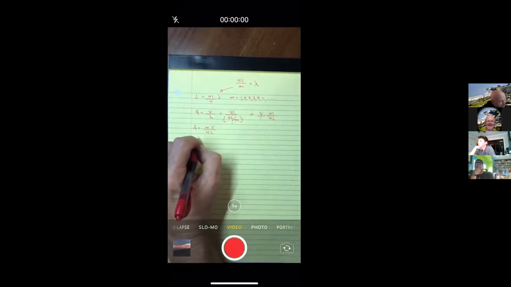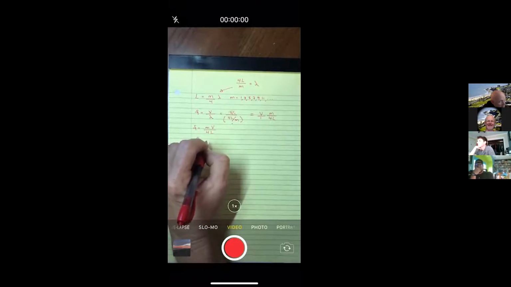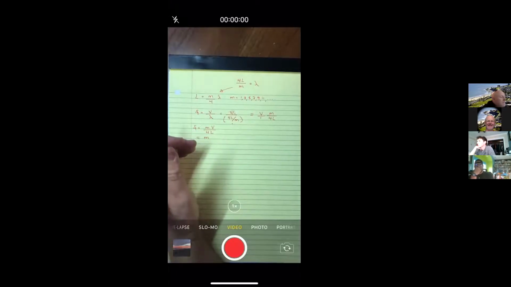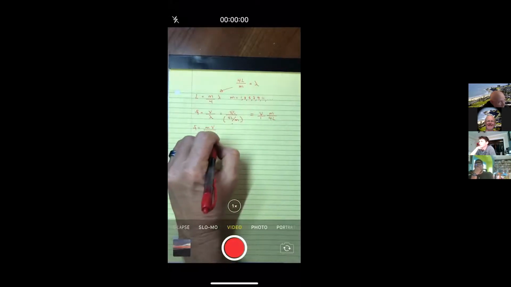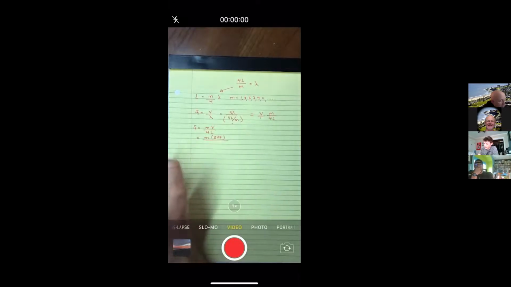To do one more step, I'm going to put in my values. Since they're talking about a pipe organ, they're talking about sound waves probably at room temperature. So we know the velocity, 344.